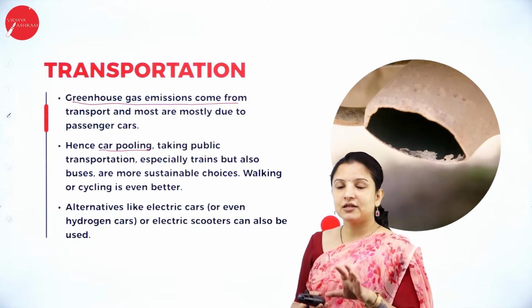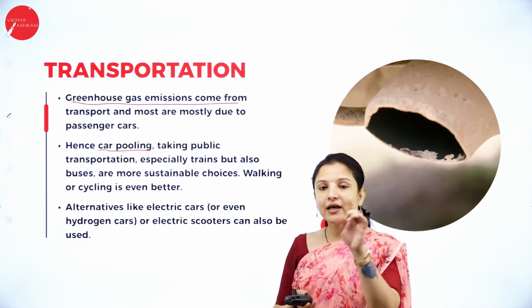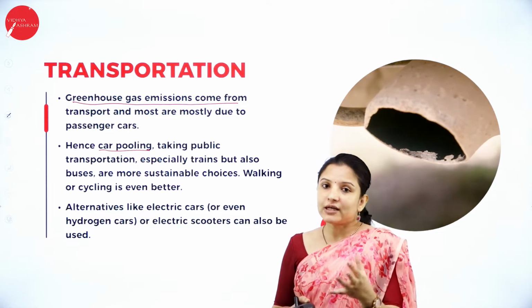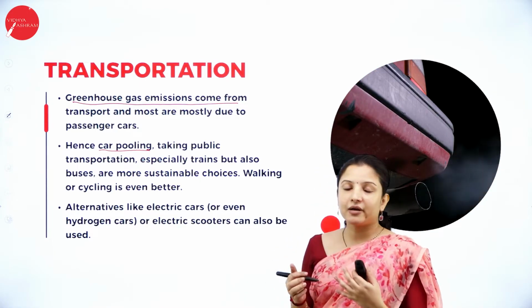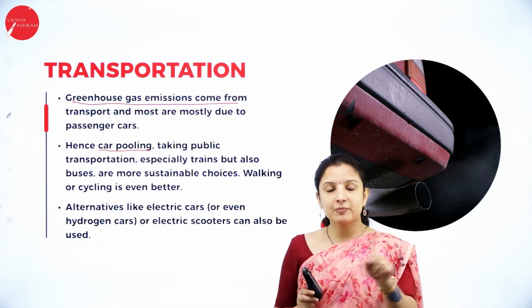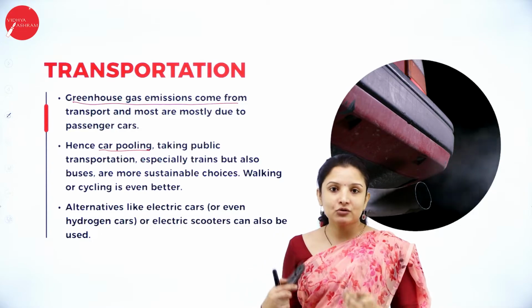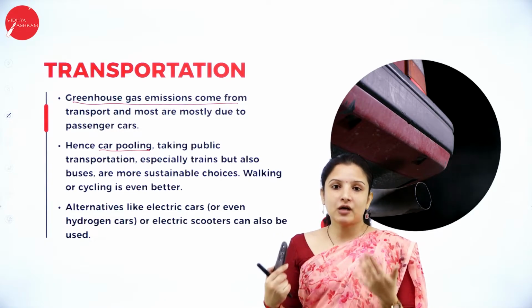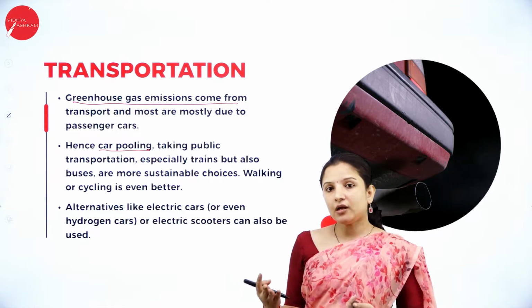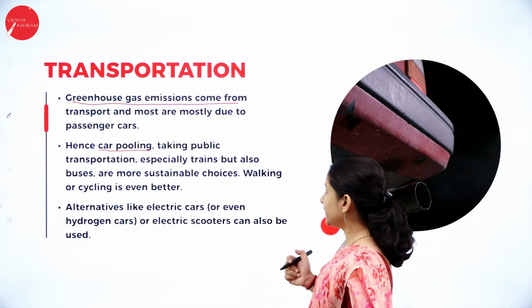In an office, for example, a few people can come in one vehicle if they're going to the same destination, right? That is called carpooling. So instead of 4 people using 4 cars separately, 4 people come in one car, and you're reducing the emission of greenhouse gases to the environment. That is how you can help in maintaining the sustainability of the environment.